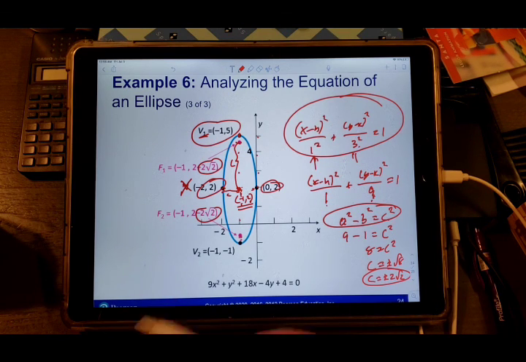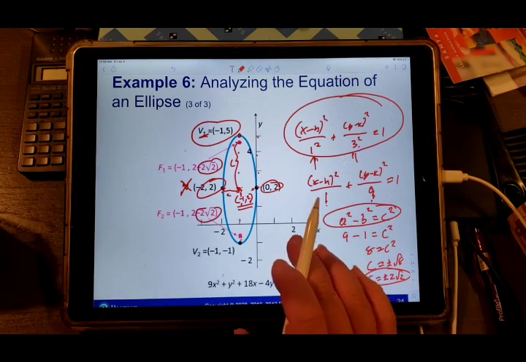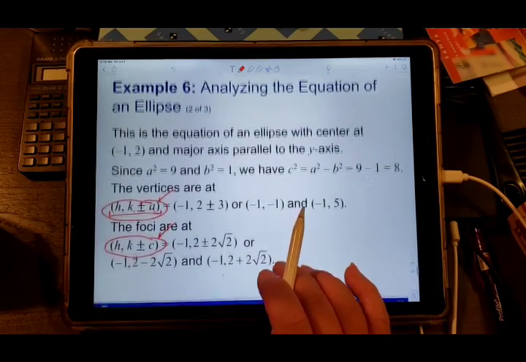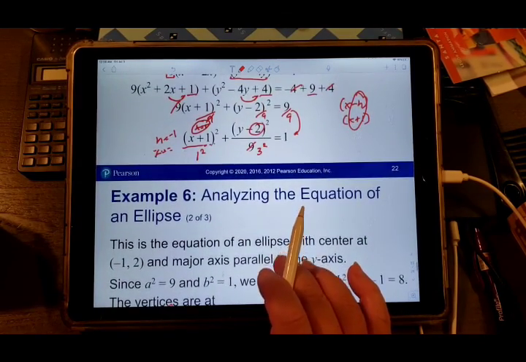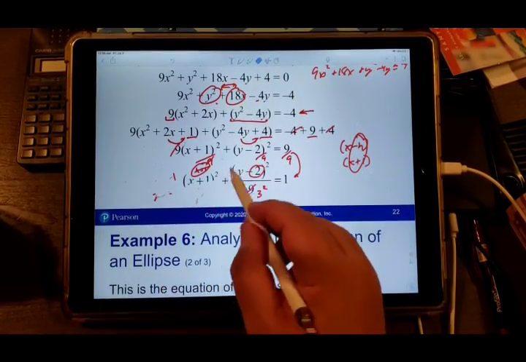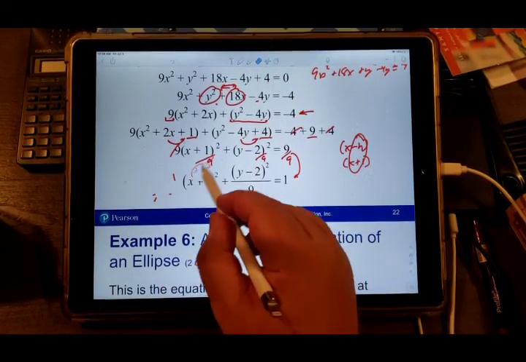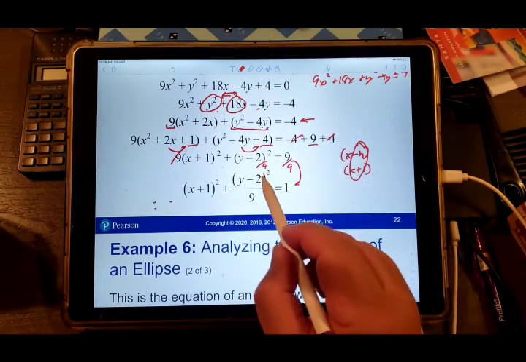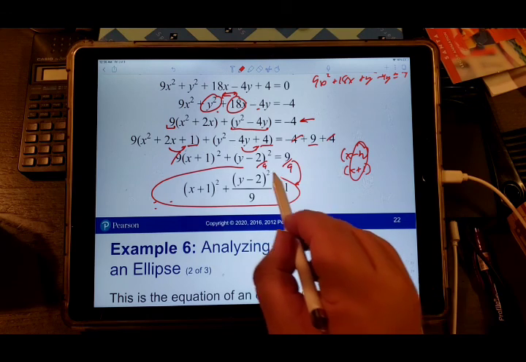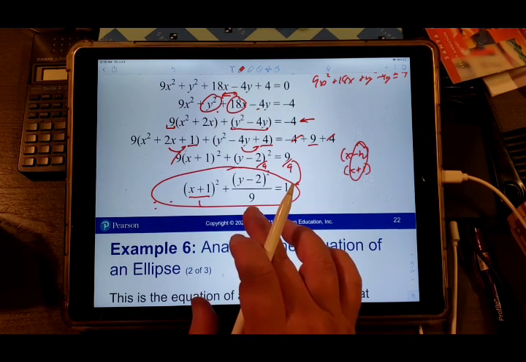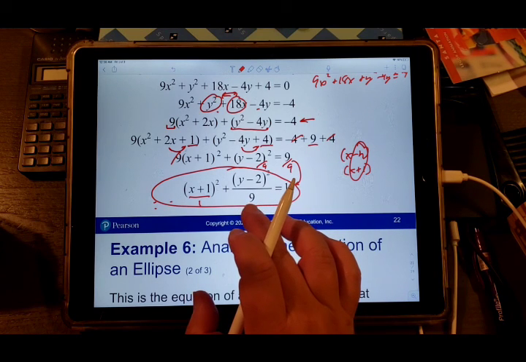There's no C. I think I said this a long time ago, in one of my earlier videos, there's a type of question I don't like. It's when somebody stabs at something like this, and says, I can see the A, A squared is 9, so A is 3.